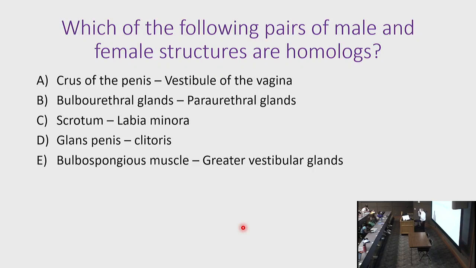Two different things, right? The bulbourethral glands are the homolog to greater vestibular. Periurethral glands, prostate. The way I think about this is the periurethral glands wrap around the urethra in the female.